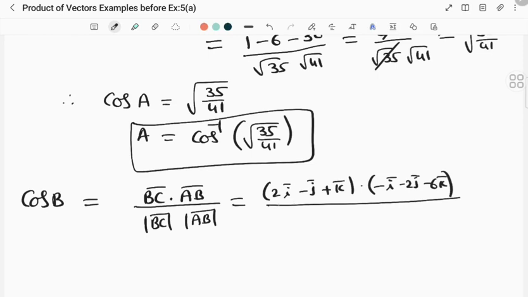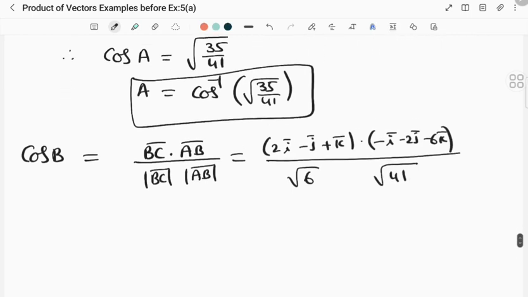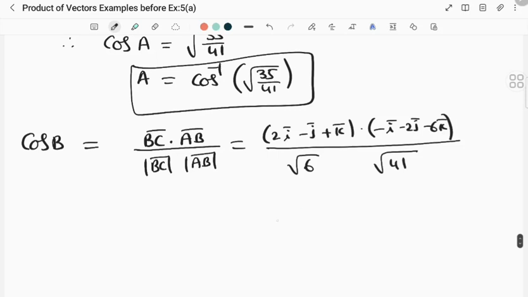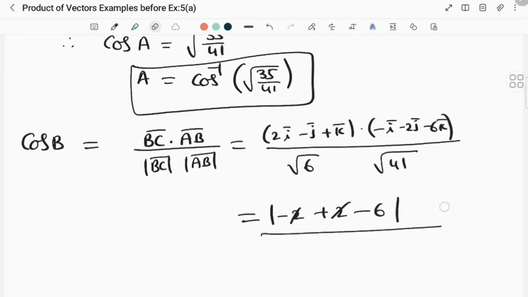By their magnitudes: BC magnitude is root 4 plus 1 plus 1, so root 6 will come. This is obviously root 41. So the dot product of these two, if you calculate, is 2 into minus 1 minus 2, within modulus you can take it, dear students, like the previous problem, plus 2 minus 6, by root 6 into root 41.